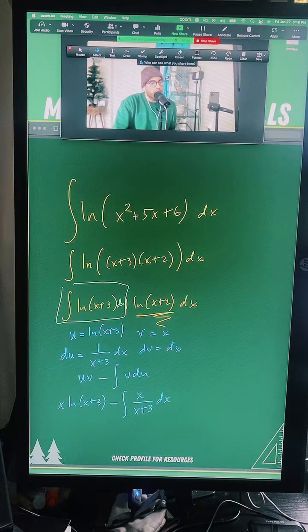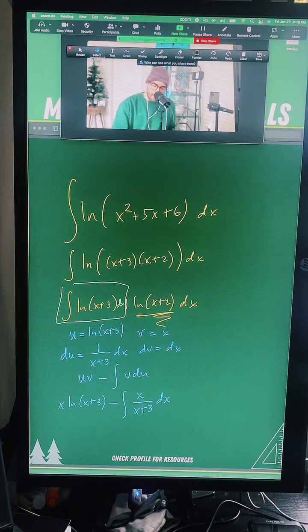Wait, why do I feel like I wrote this wrong? 1 over x plus 3, and our v, that's our x, uv minus v du. Oh yeah, for some reason I kind of confused myself there.